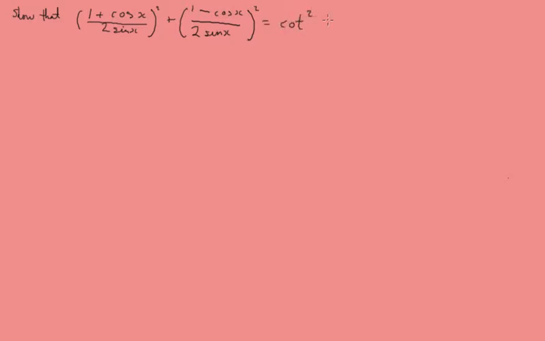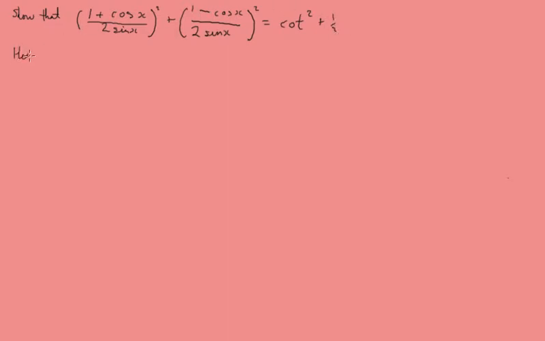We want to show that ((1 plus cos x) over (2 sine x)) all squared plus ((1 minus cos x) over (2 sine x)) all squared is equal to cot squared x plus a half.